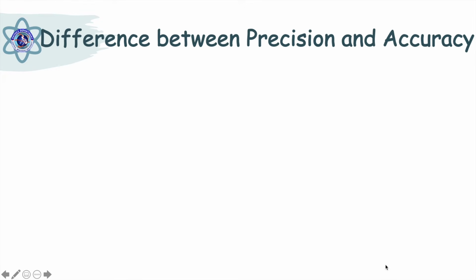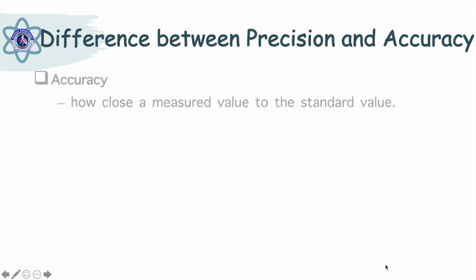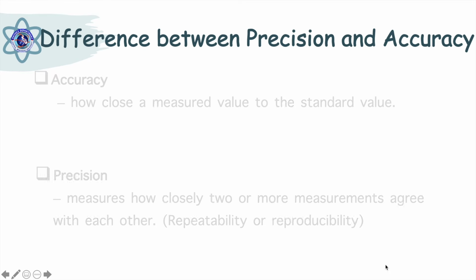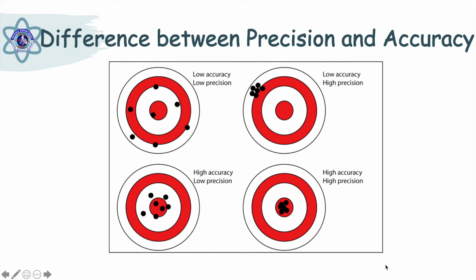The difference between precision and accuracy. Accuracy tells you how close a measured value is to the standard value, while precision tells you how close two or more measurements agree with each other, or the repeatability or reproducibility of the data. Here's the analogy. Have you tried playing darts or archery?